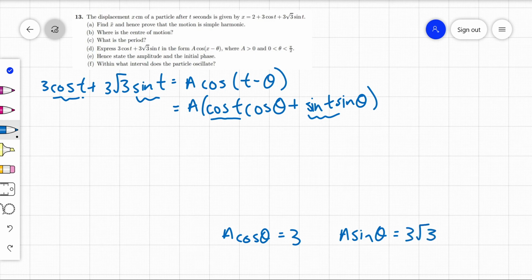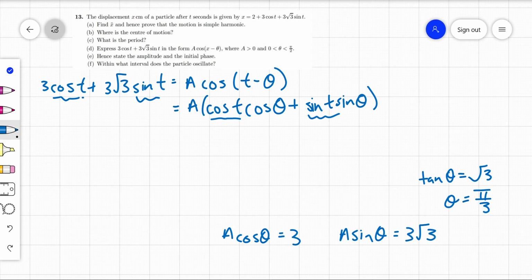If I put a sine theta on a cos theta, I'll end up with tan theta because the a's will cancel. 3 root 3 on 3, so that's root 3. Now we know that is an angle of 60, so pi on 3, and it wants the acute angle. So theta is pi on 3.